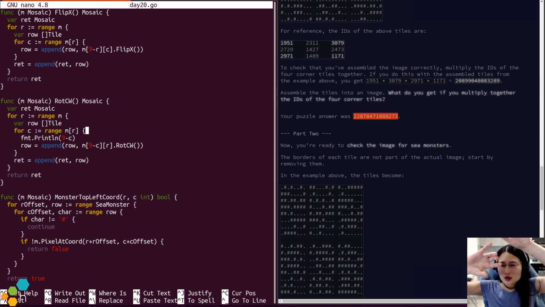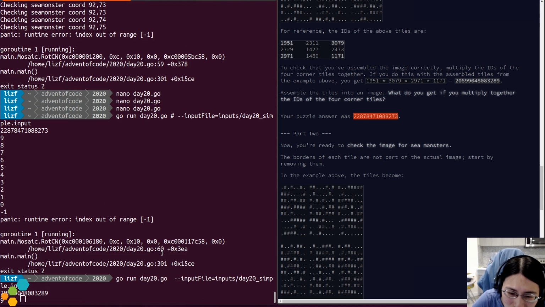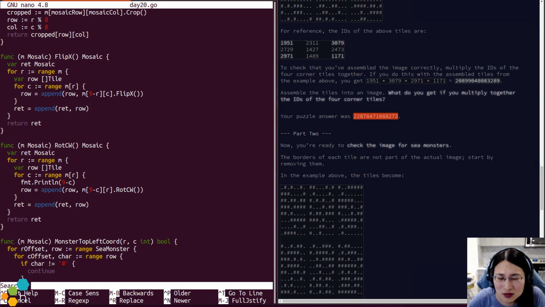The mosaic should always be square. So this number should always count. I do not like this. Something weird is happening here. Why is this not terminating? Okay.